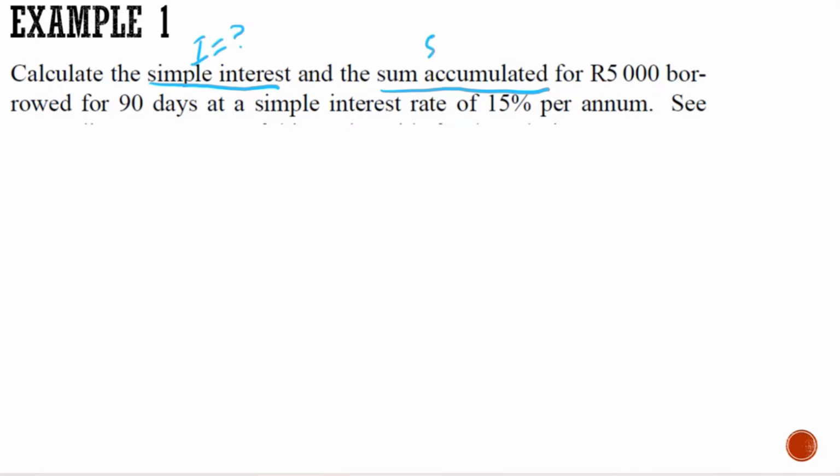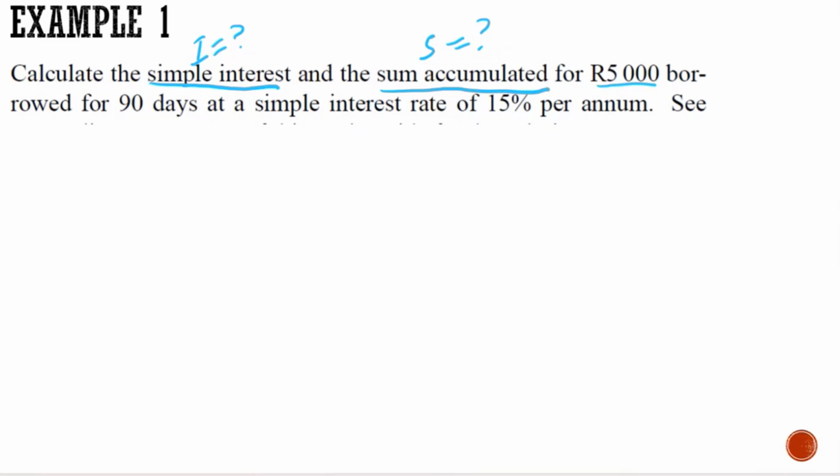The sum accumulated will be your future value. I am using S. Maybe in some texts you find that it's written future value. It does not matter as long as you understand the context that we are talking about. And then for the sum accumulated for 5,000 borrowed for 90 days, so now this is 4.